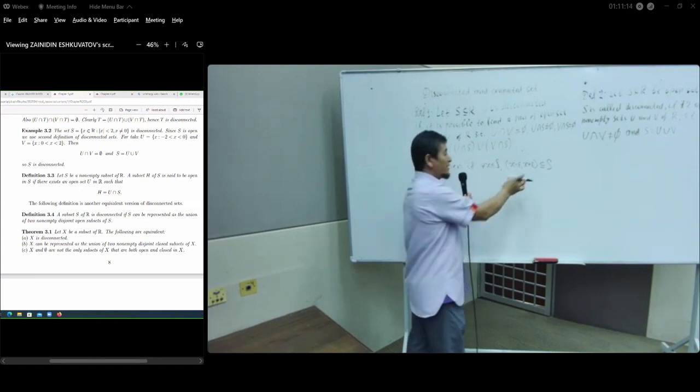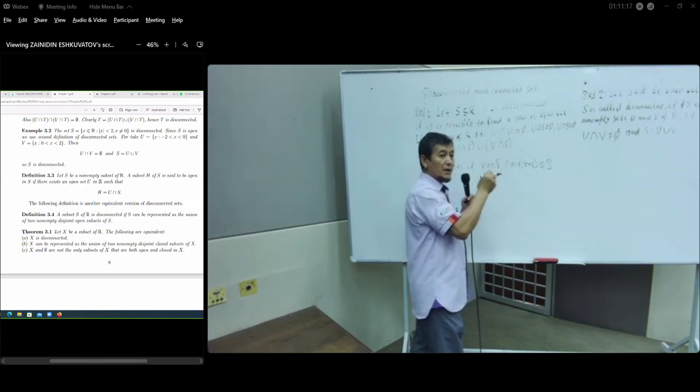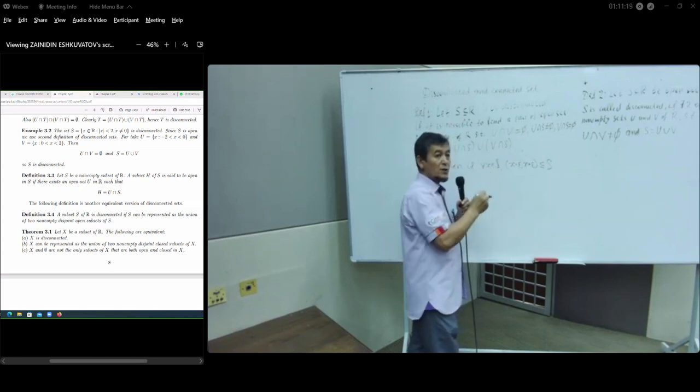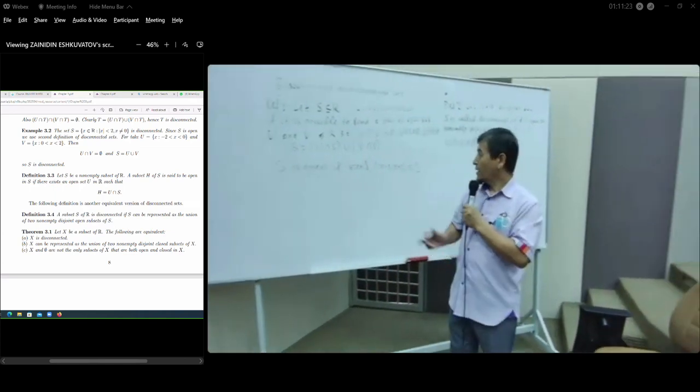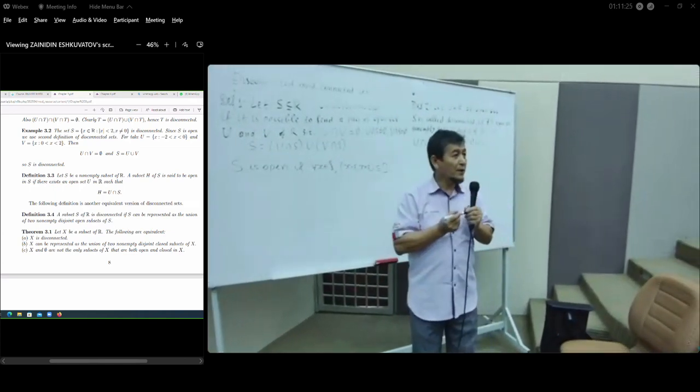If every point is an interior point, then the set S is called an open set. So we know the boundary point and so on.